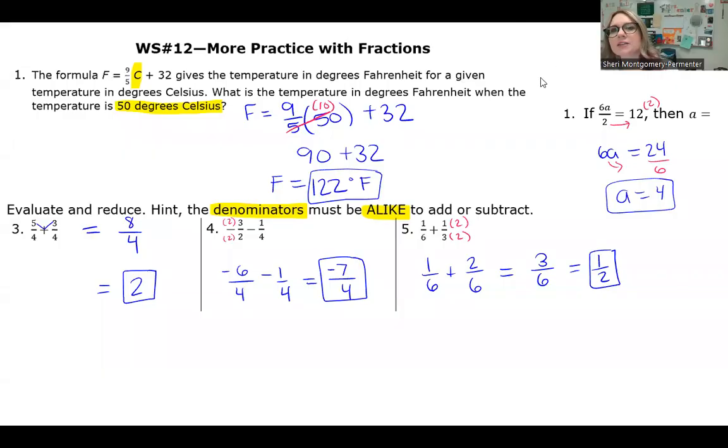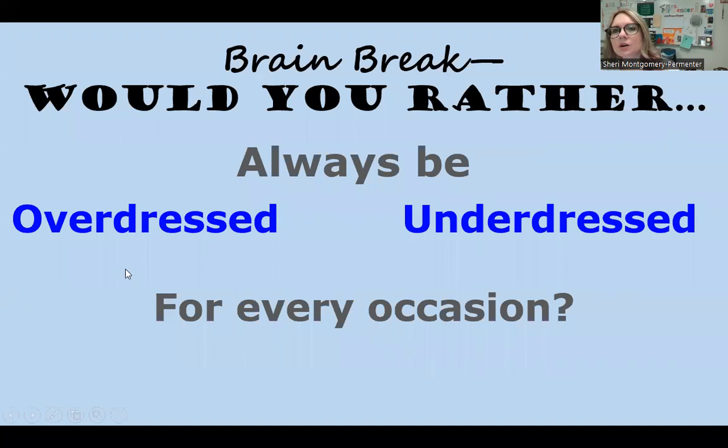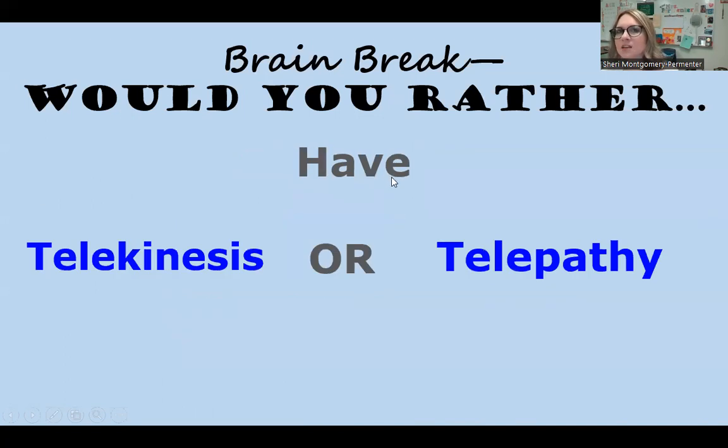All right, let's continue. So, would you rather always be overdressed or underdressed for every occasion? Underdressed. Okay, I'm gonna be wedding. I tend to agree. I usually dress comfortable. I agree. Would you rather have telekinesis or telepathy?